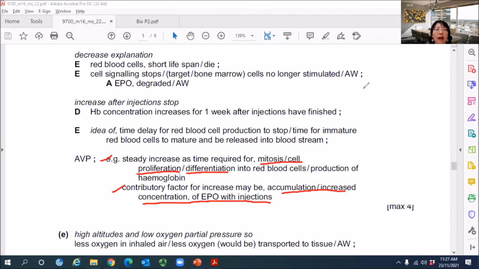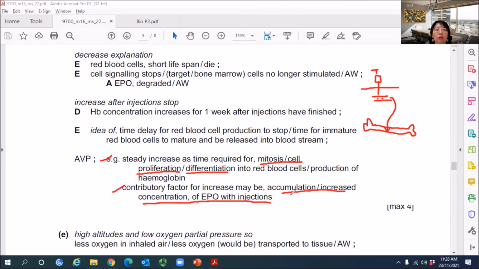That means the time taken after you inject the EPO into the muscles or veins until this EPO starts to travel in the bloodstream, and then it goes to your bone marrow. It must travel throughout the body until it goes to your bone marrow, where your stem cells are, to stimulate them. It takes some time.